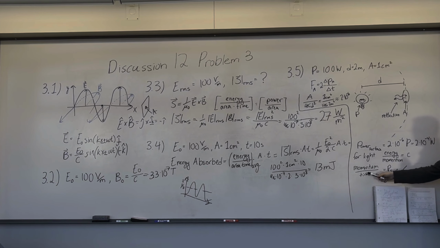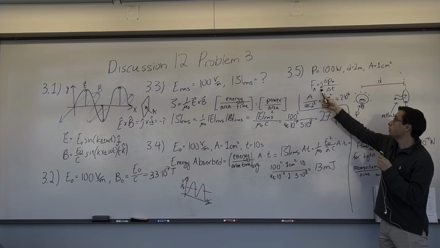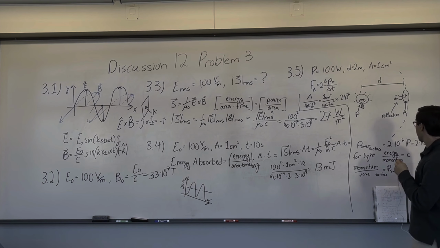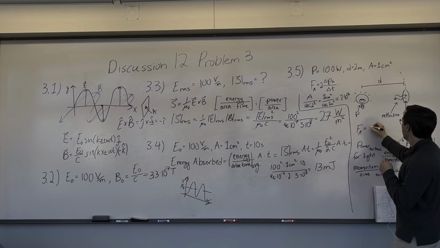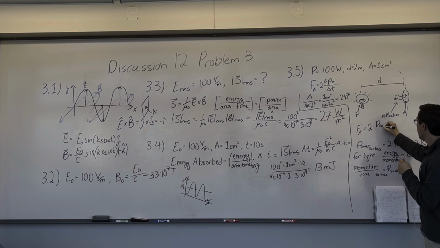This momentum per time is almost the same as this force, except for this factor of 2, because whatever momentum is coming in is also coming back out. If we combine that, our F is 2 times P surface over c.